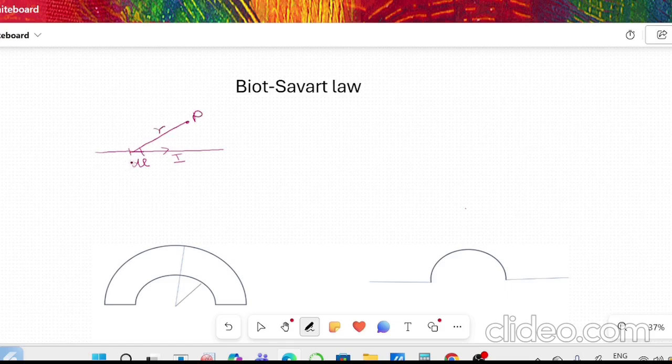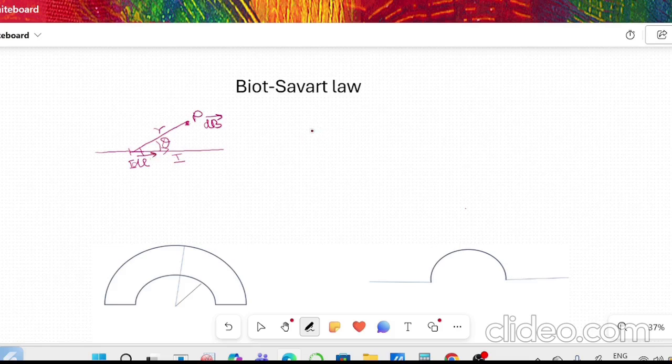If you multiply it with I, it becomes the current element. Suppose this angle is theta, and we want to find the magnetic field here, say the magnetic field delta B produced by a small current element I dl.